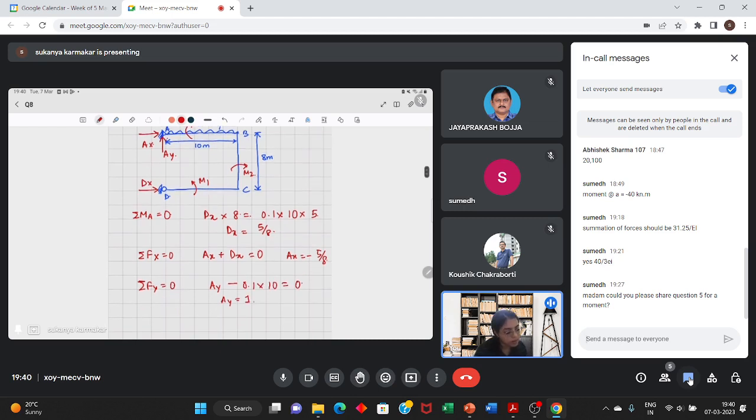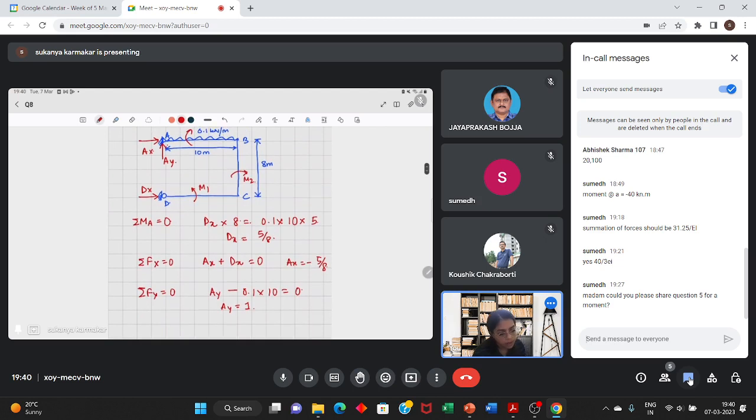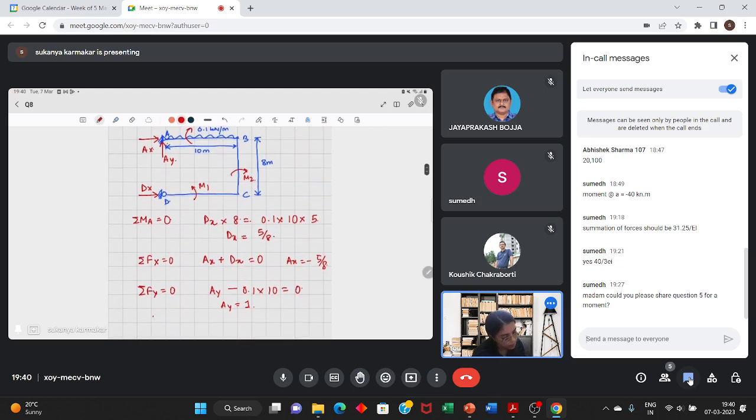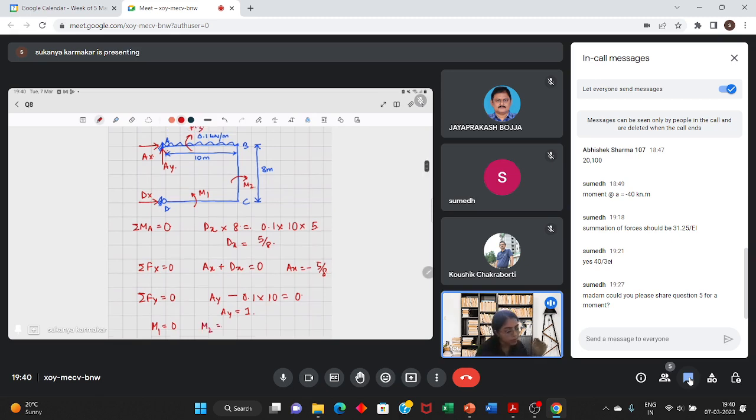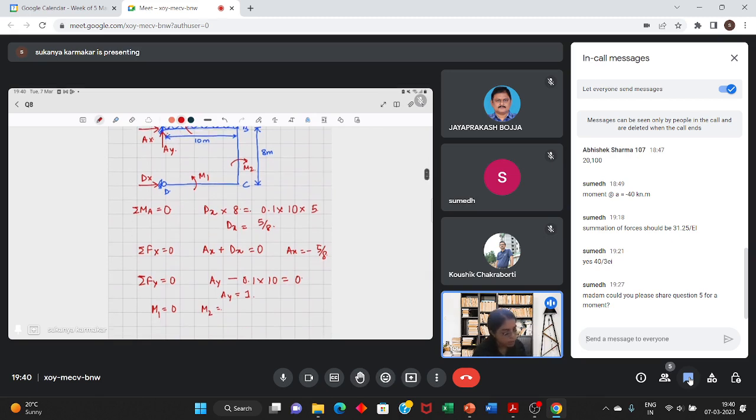So from here I can write m1 is 0 because no horizontal, no vertical shear or vertical reaction. So m1 is 0. m2 is equal to, this dx will create a moment in the anti-clockwise direction. So that is equal to 5 by 8 into x2.